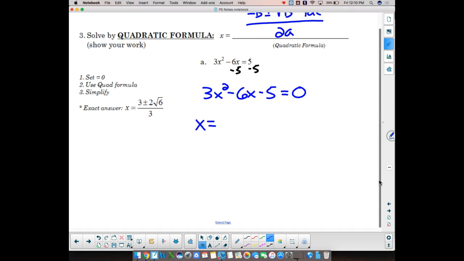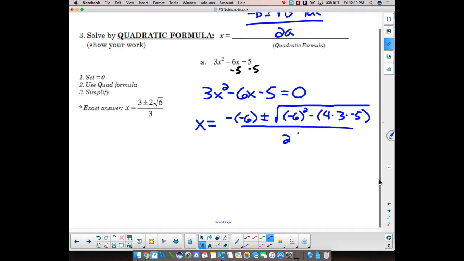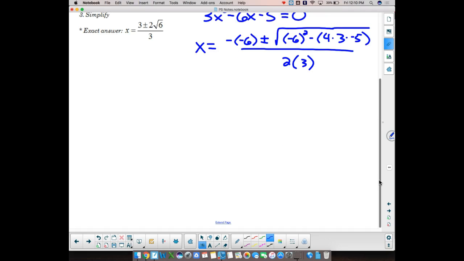So x equals the opposite of negative 6 plus or minus the square root of negative 6 quantity squared minus 4 times 3 times negative 5, all over 2 times 3.